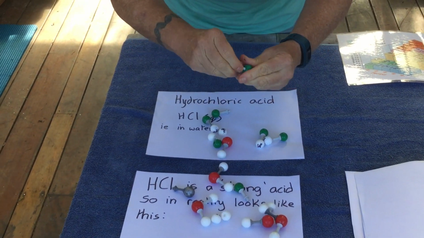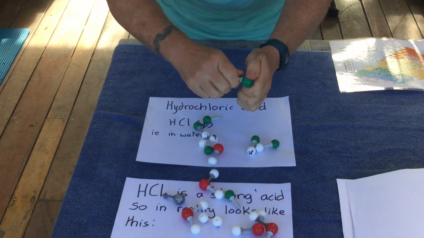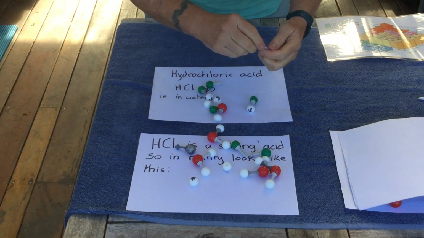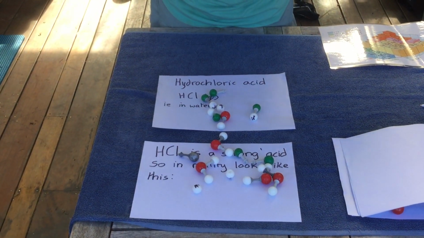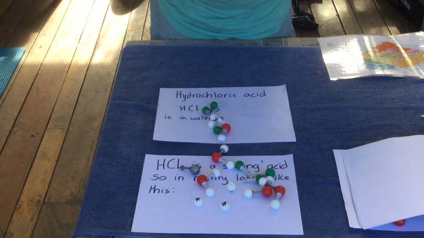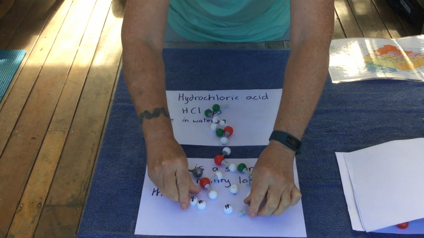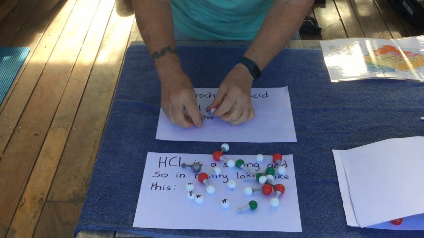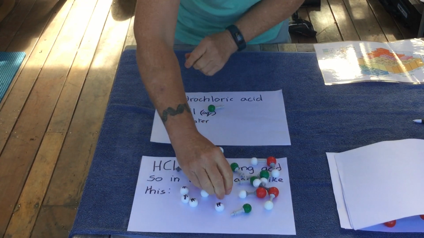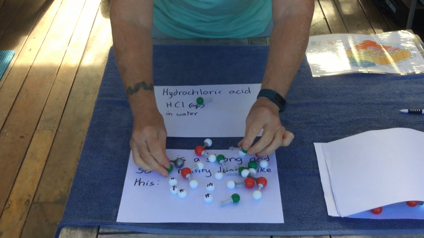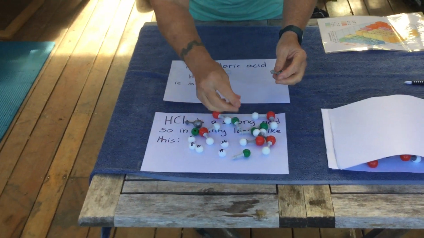I want to pull the protons off. Remember, hydrogen is just an electron and a proton, nothing else. So when it dissociates, you're just left with the proton out of the hydrogen, and so there it is, completely dissociated, or 99% dissociated.